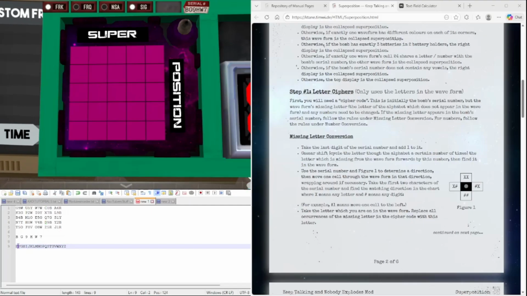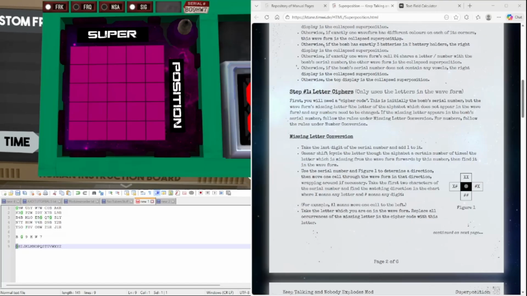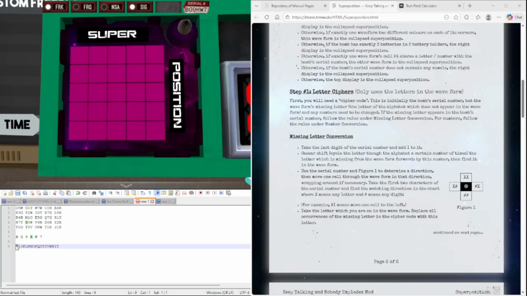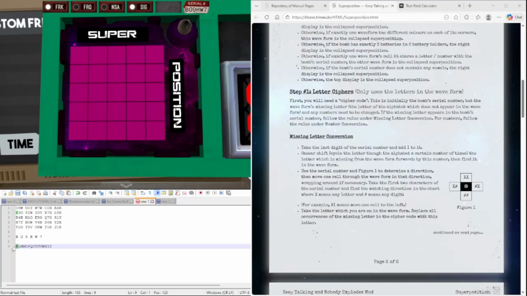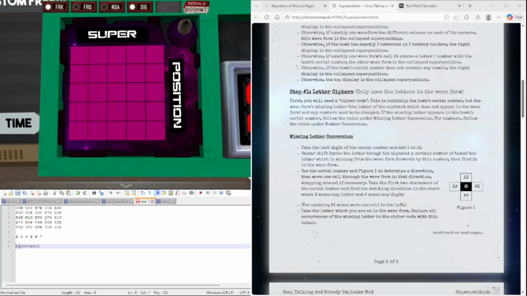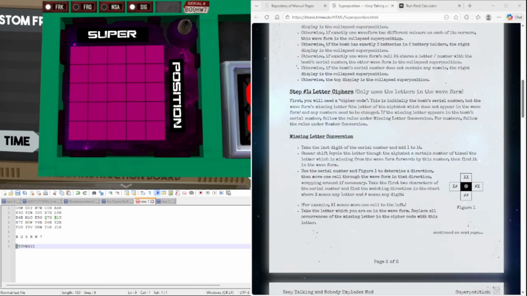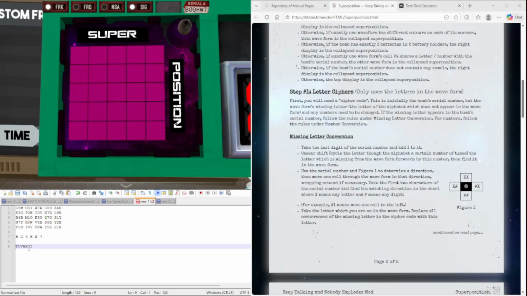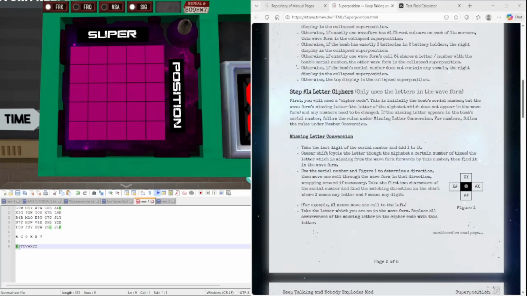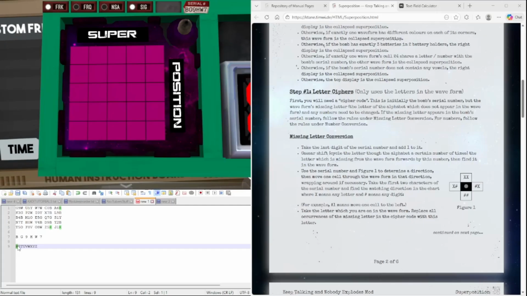C is there, D is there, E, F, G, H, I is there, J is there, K, L, M, N, O, P, Q, it's R. Someone must have not typed the correct letter.